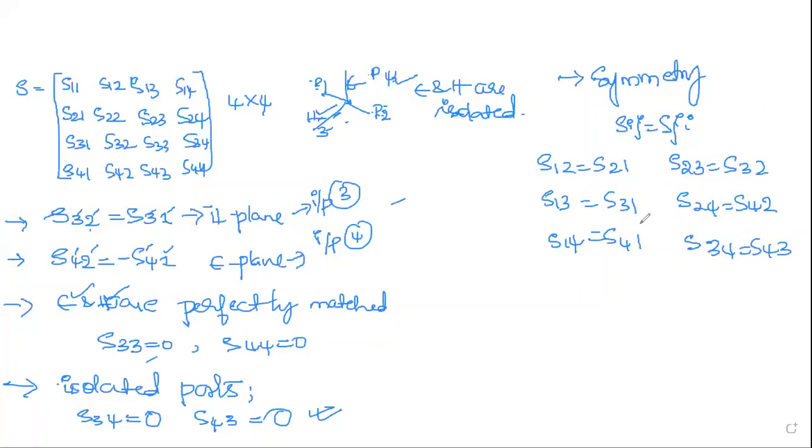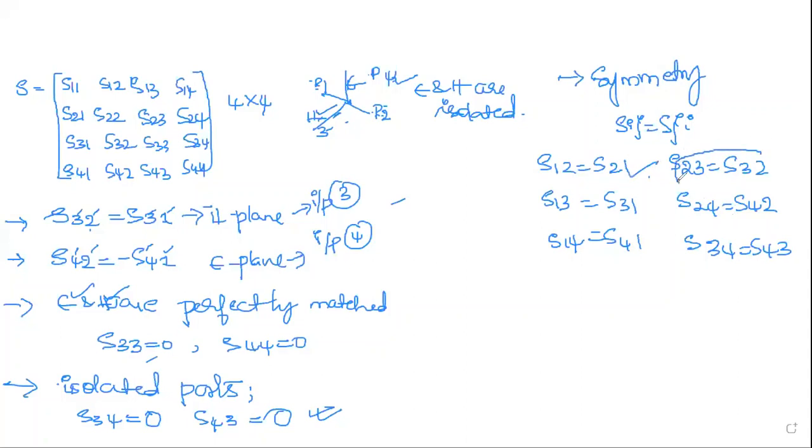S12, S13, S14, S23 is S32, S34 is S43, again S24 is S42. So these are the symmetry properties which you can apply. Now here when you write the symmetry property for all these, S12 will be equal to S21, S23 is equal to S32.